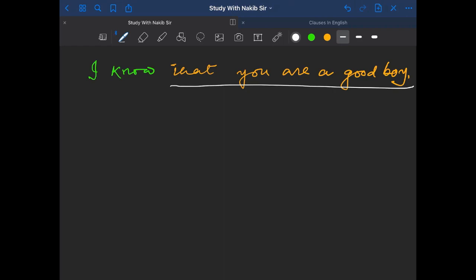This part, I know. As soon as this part is added, that you are a good boy will get its sense. I know that you are a good boy. So that you are a good boy is a subordinate clause, and I know is a principal clause.